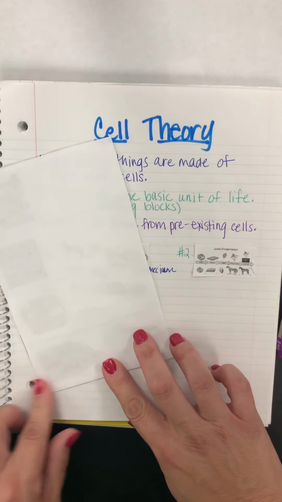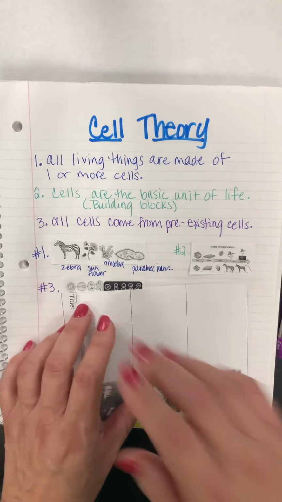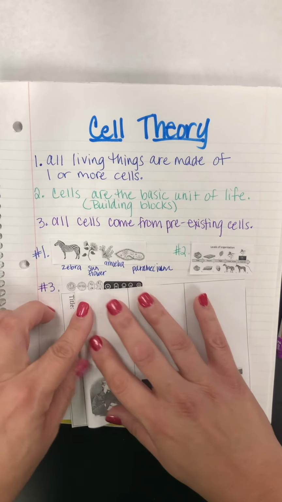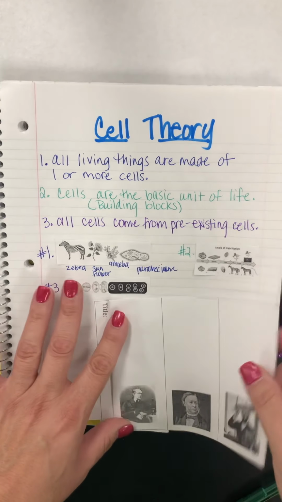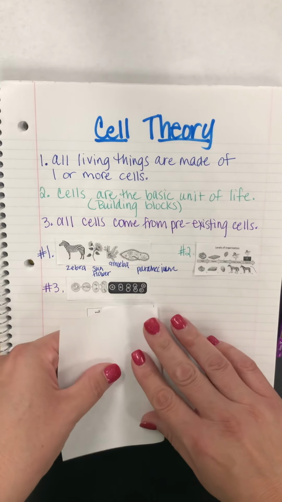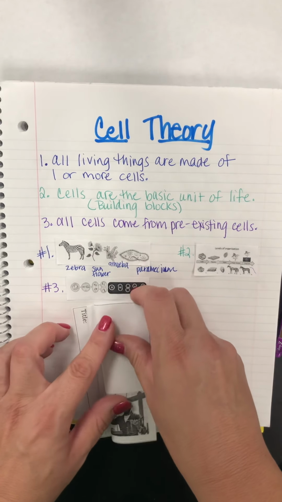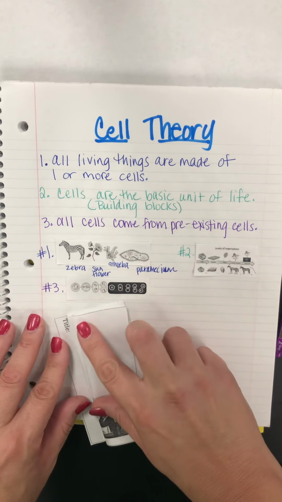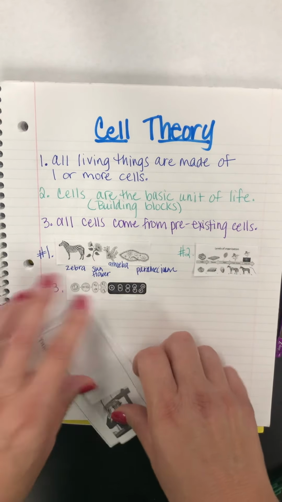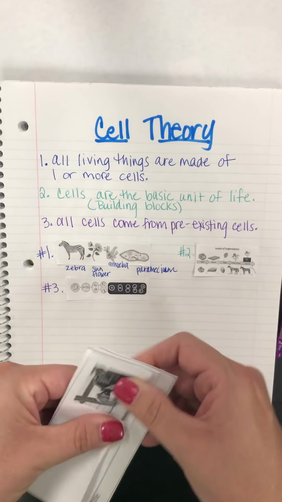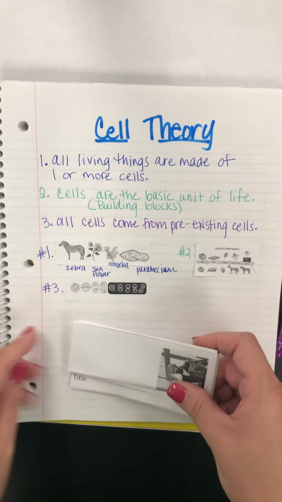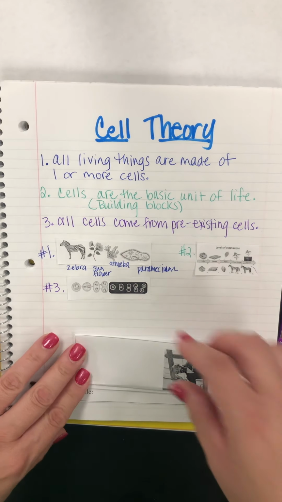Okay, and it's an accordion foldable. So once you fold your line, you're gonna go back and fold it like a fan, like an accordion. And we're gonna keep folding till we get to the last portion. Okay, so what we have right now is an accordion file with the title at the bottom.